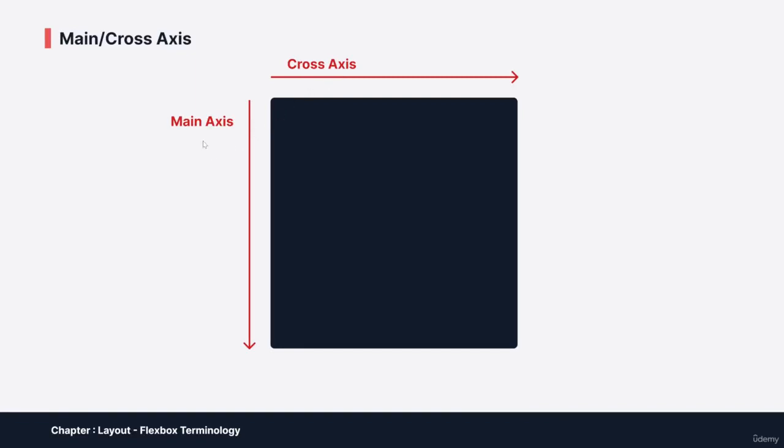And those rules are different. Whenever you have your cross axis in one direction, those rules will follow the same direction. And whenever we change the main axis to the other one, those rules will apply to the horizontal axis.